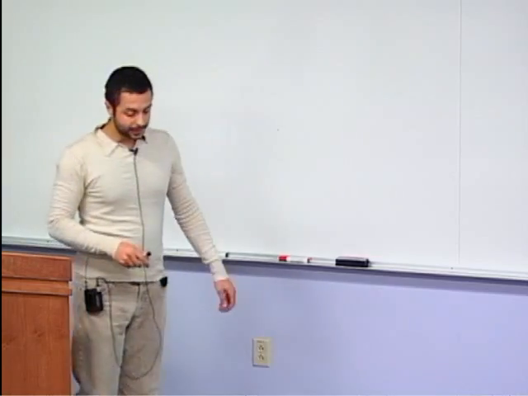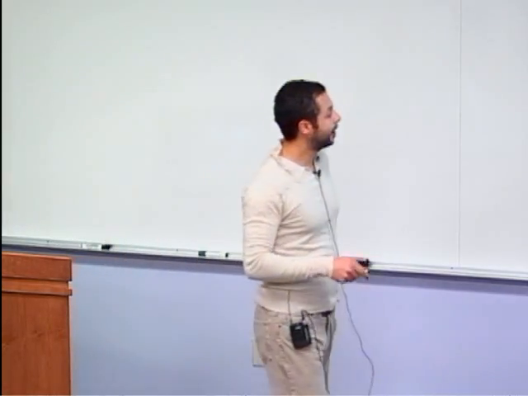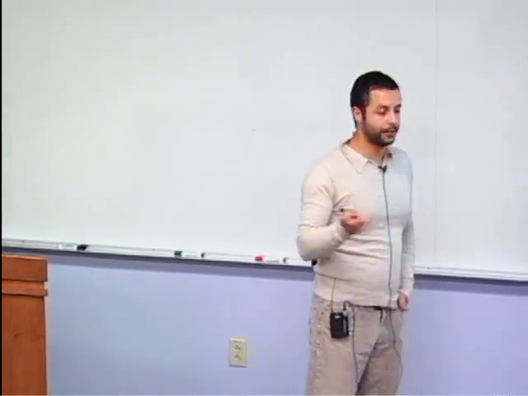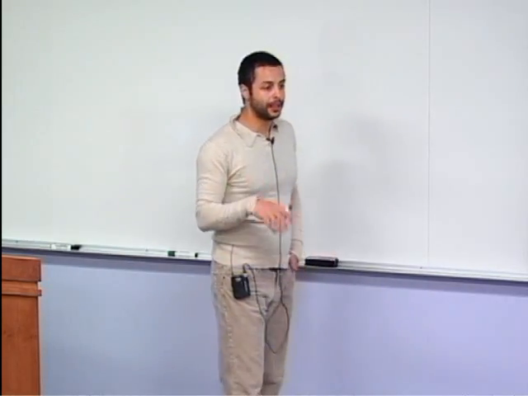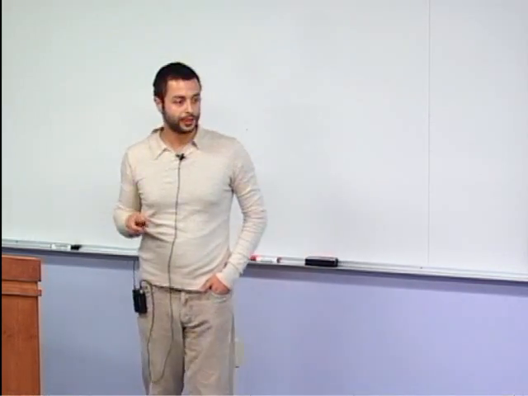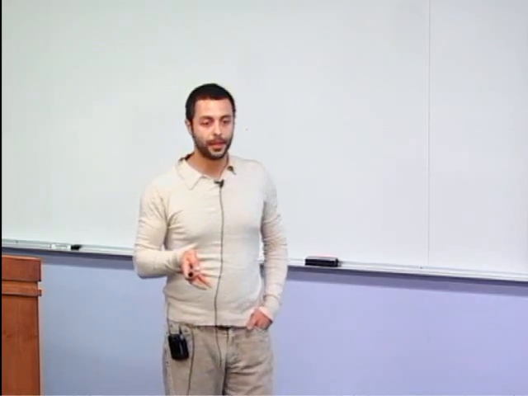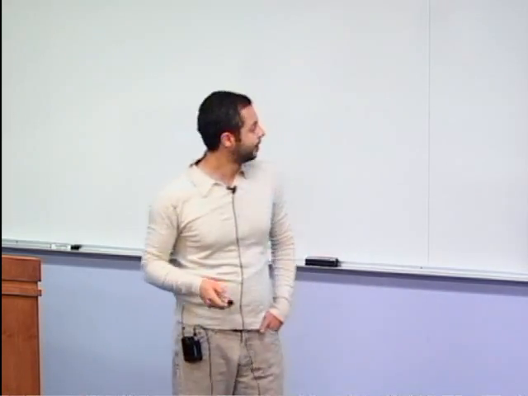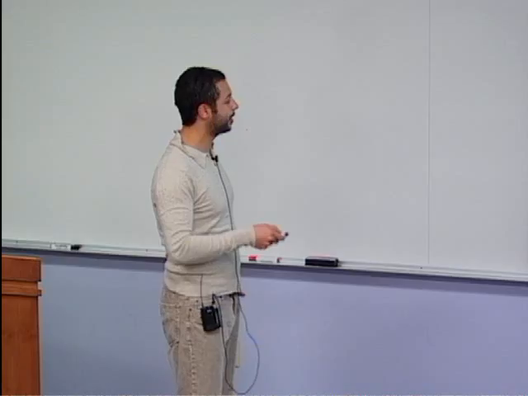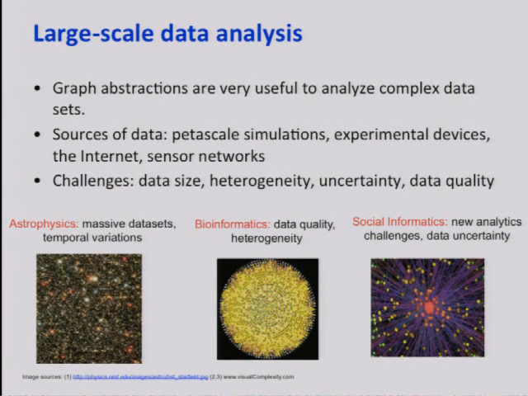Large-scale data analysis in many scientific applications, such as astrophysics, bioinformatics, and even ecology, scientists conveniently model their data as graphs. Here you can think of the items in the galaxy as nodes and their particular interactions as edges.